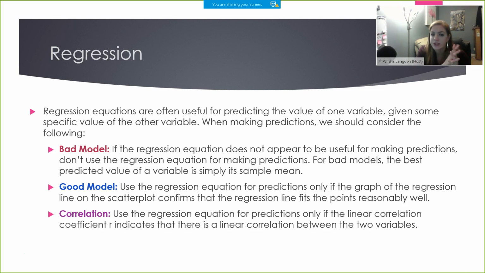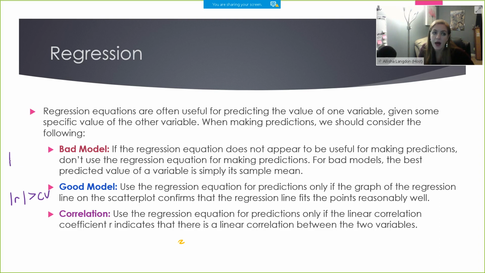Use the regression equation for predictions only if the linear correlation coefficient R passes that test, meaning that it indicates a linear correlation. It's a good model if R is greater than your critical value, meaning it's a linear correlation.